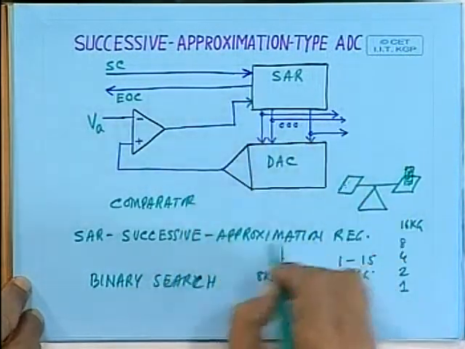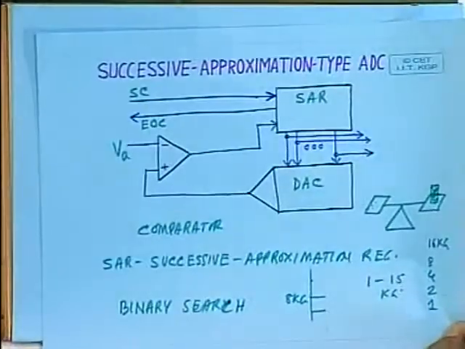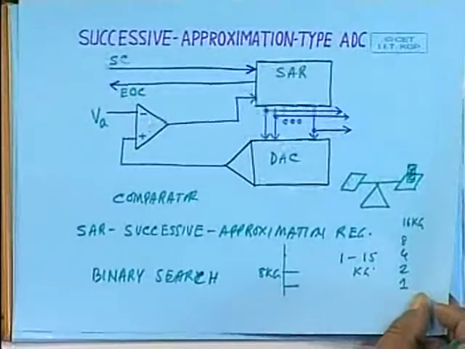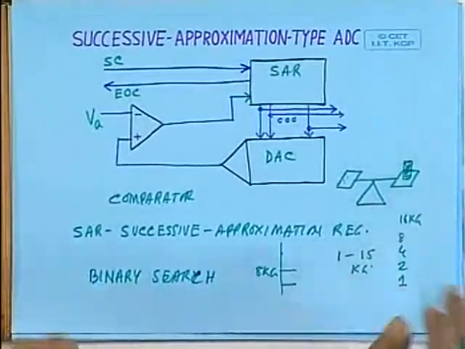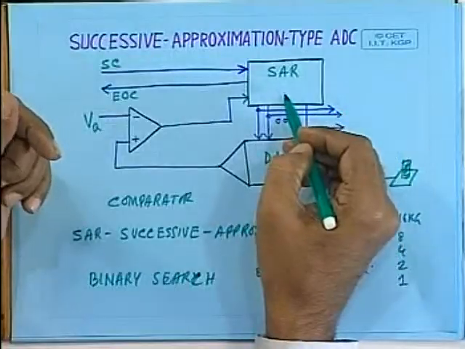So, the successive approximation algorithm is very fast, and it can be used in many applications. Now, in all these cases, we have seen that we are using some special type of hardware, counter, up-down counter, or a successive approximation register and other things.